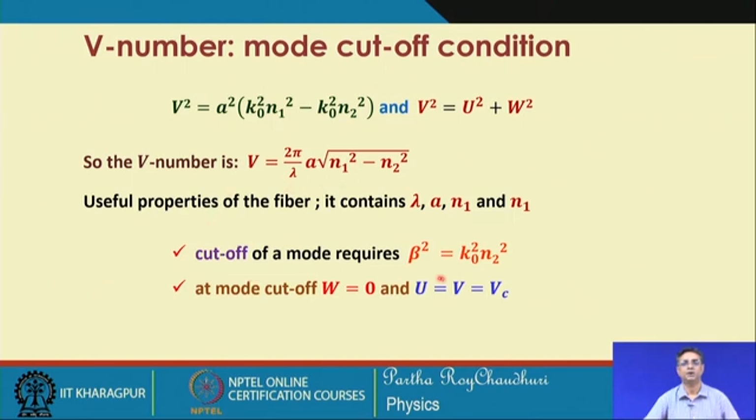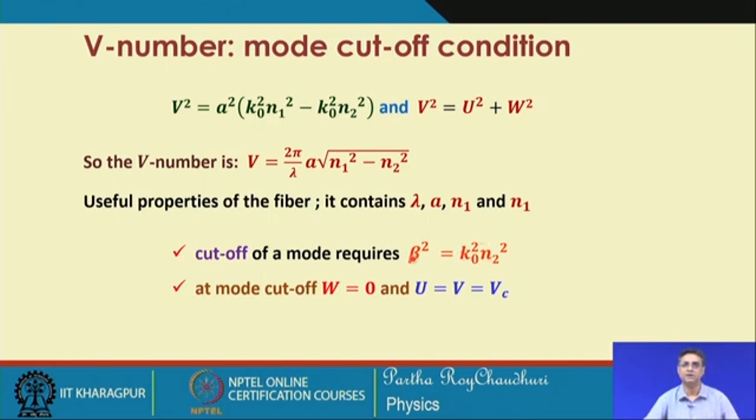Cutoff of a mode requires that, we have seen for modes to be guided in the structure, this value of beta should be somewhere between k0 n1 and k0 n2. So, the maximum value of beta is k0 n1, it should be practically less than k0 n1, and the minimum value should be slightly more than k0 n2.